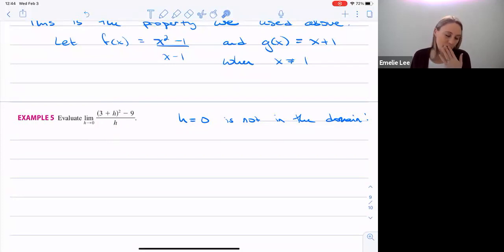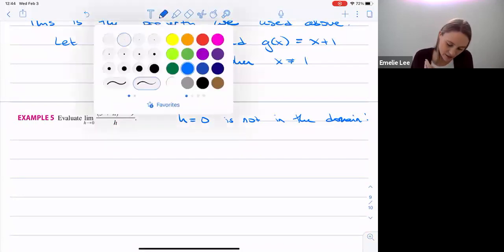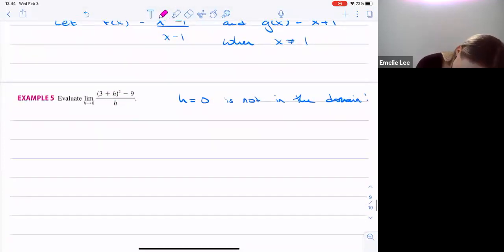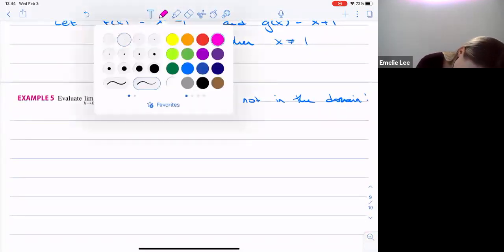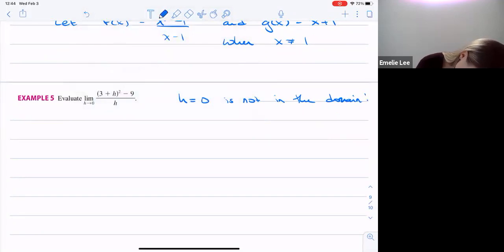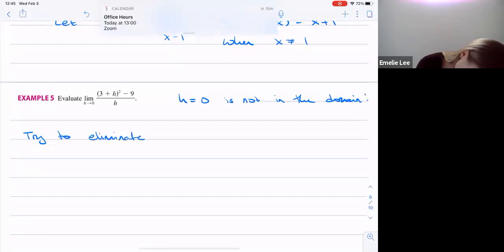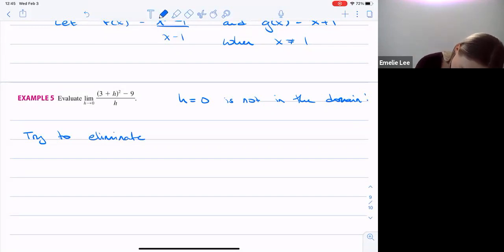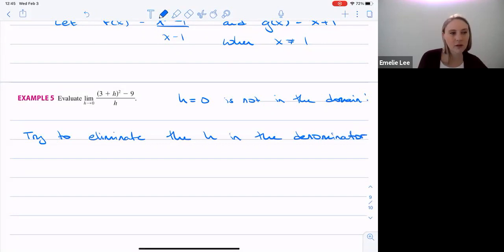So we can try to eliminate the h in the denominator by maybe expanding and canceling.